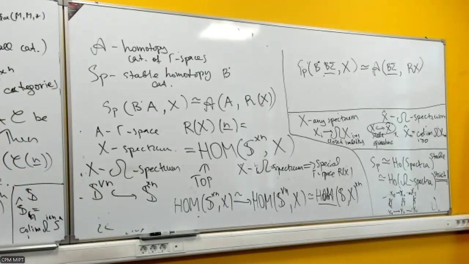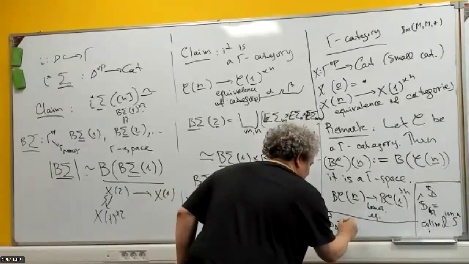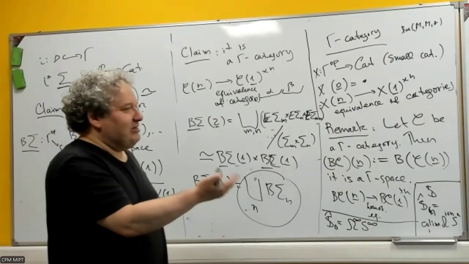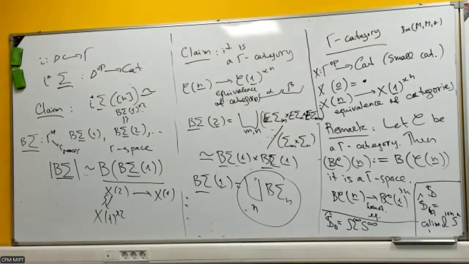In particular, the zero component of this sphere hat spectrum is exactly the topological space omega infinity S infinity. So we are getting very close to the initial statement.